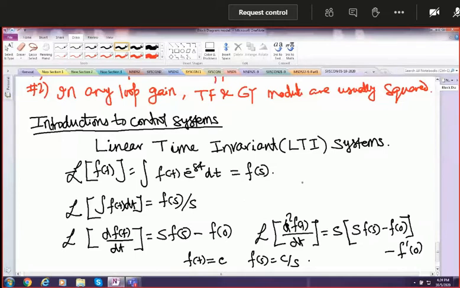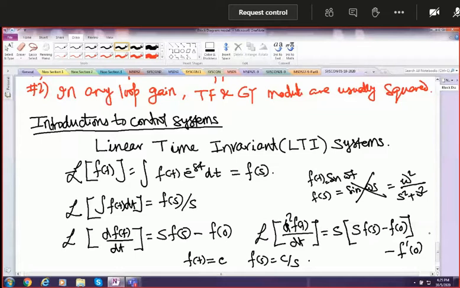It means you don't write that f(t) is sin omega t and F(s) is sin omega s. No, not that. F(s) is omega by s square plus omega square. So it's not the same function.